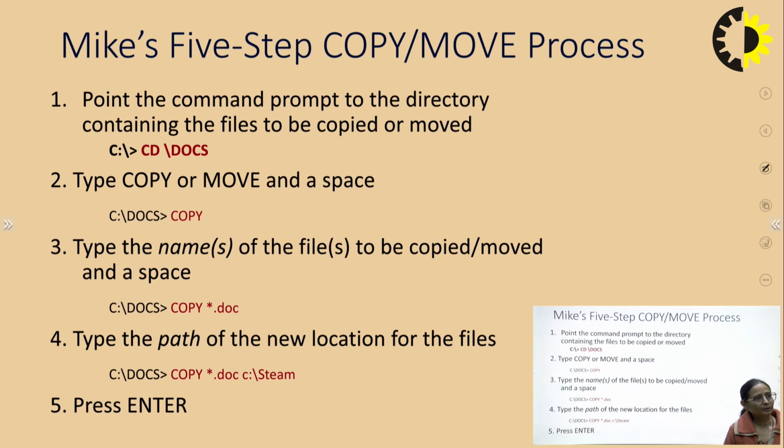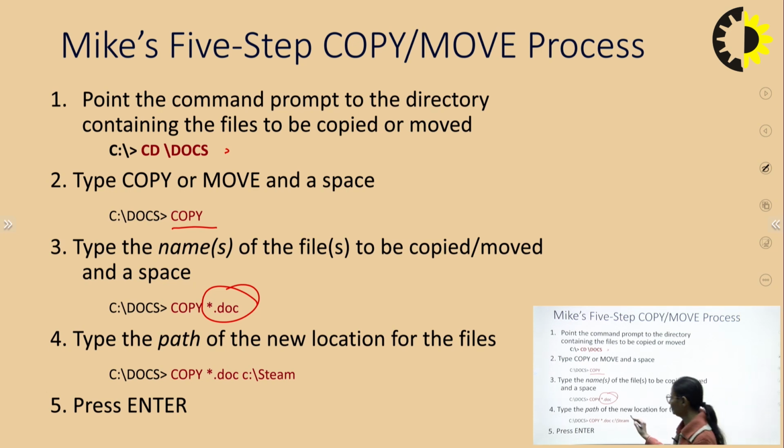For example, we want to copy or move, so let us see how this particular thing works. First, point the command prompt to the directory containing the files to be copied or moved. For example, this is my directory. Now type copy or move and a space. Type the name of the file. Here you have given the file. Type the path of the new location for the file.